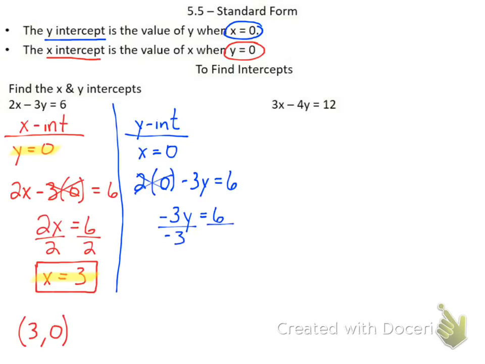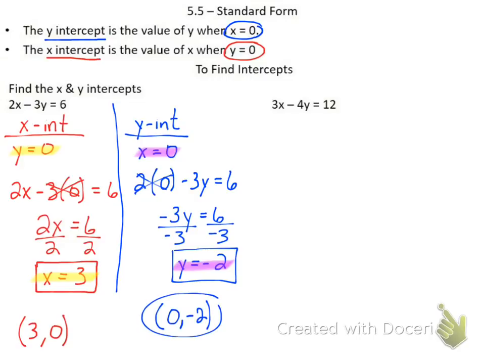Divide both sides by negative 3, and I get y is equal to negative 2. So again, my y-intercept is going to be an ordered pair. I've got a y of negative 2 and an x of 0, so it's the ordered pair 0, negative 2. There's my y-intercept, there's my x-intercept.